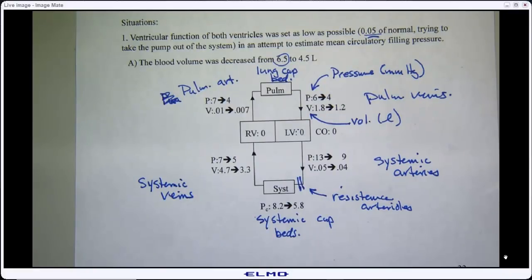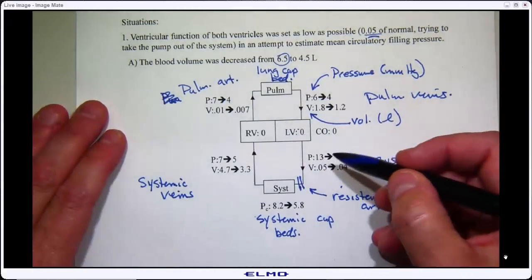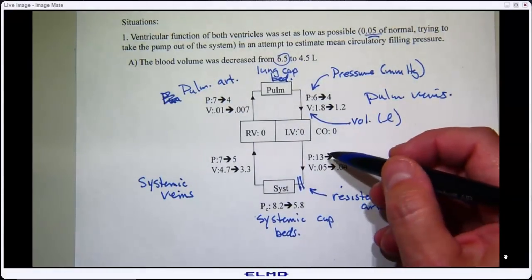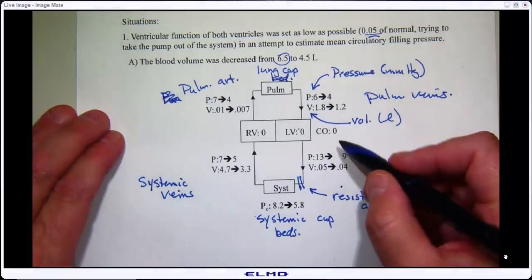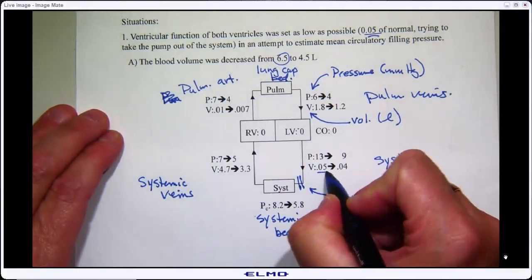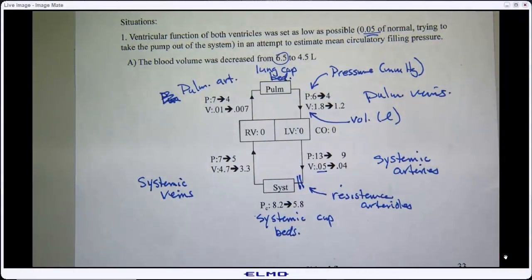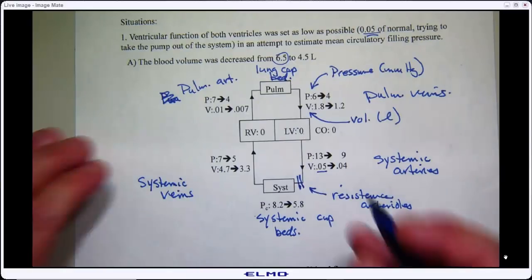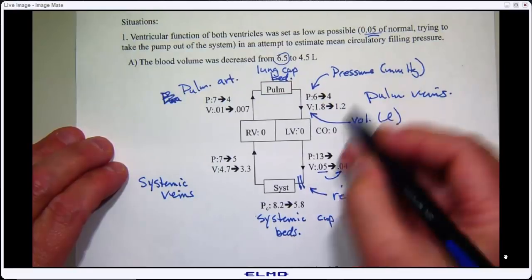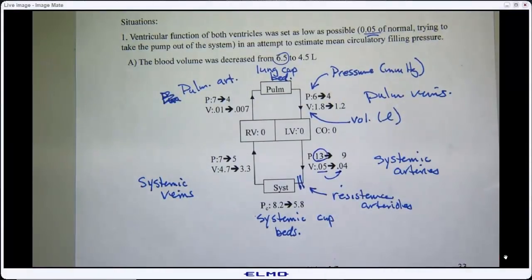So you stop the heart, and you find that in the systemic arteries 50 mils of volume will settle in the aortic and artery compartment, resulting in 13 millimeters of mercury pressure.